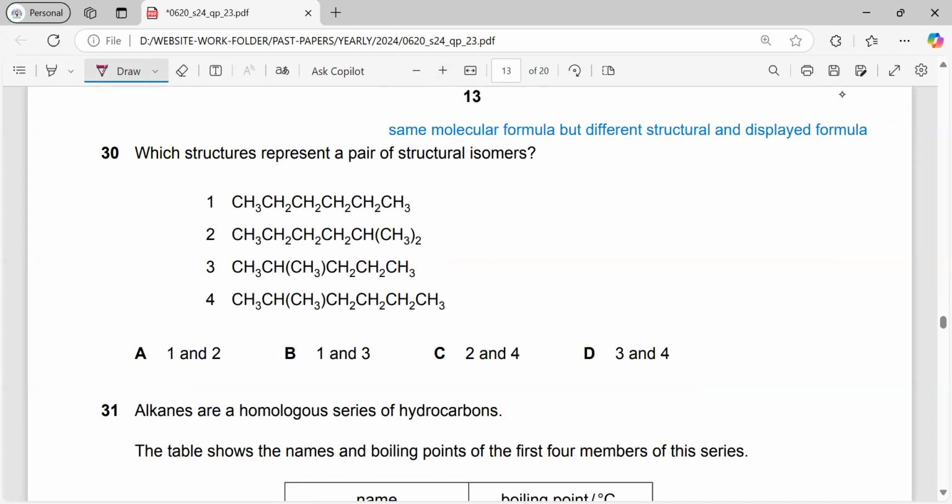So let's count. In number 1, we have 6 carbons.